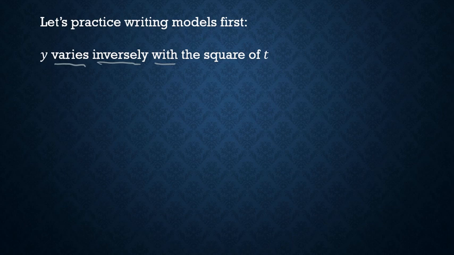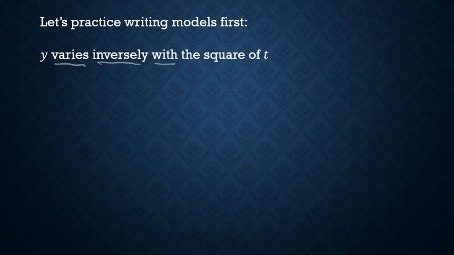That tells you what type of model you are going to be using here. In this case, we are going to use an inverse variation model, so it's going to be something over something is equal to something else. That thing that's equal to something else comes before this. So y varies inversely with blank. So this is saying y will equal something over something.